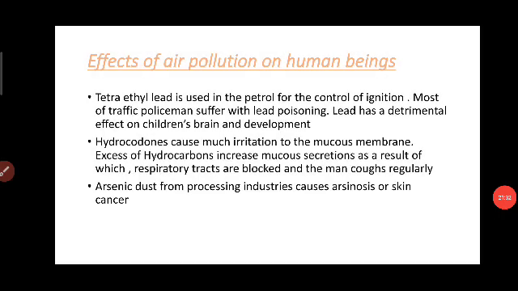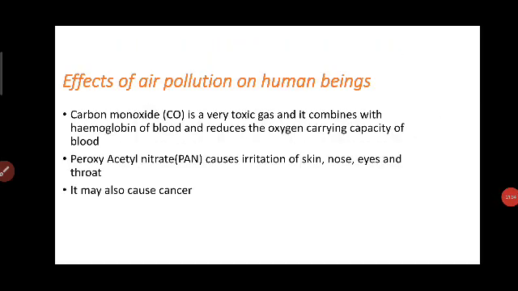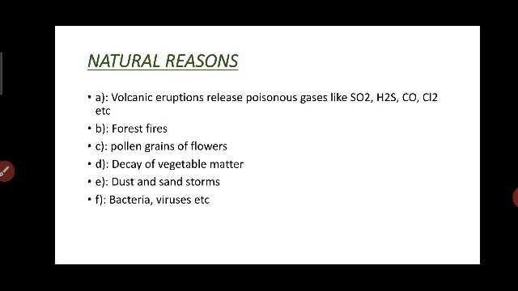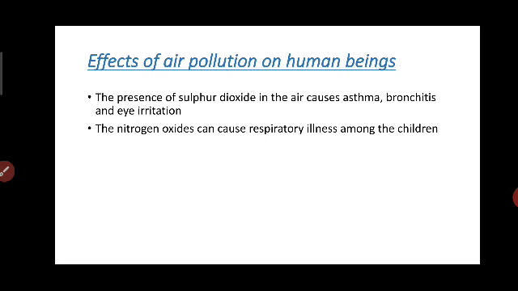So these are the effects of air pollution on human beings. We learned how important the causes of air pollution are, and among them the transportation system, industries, deforestation, and agricultural activities are very important causes of air pollution.